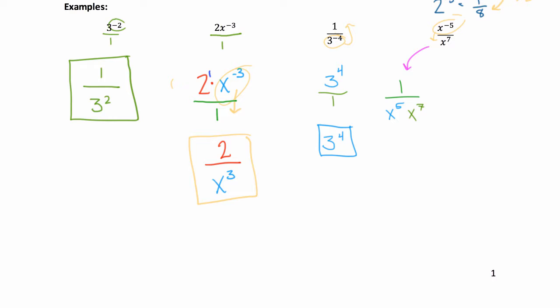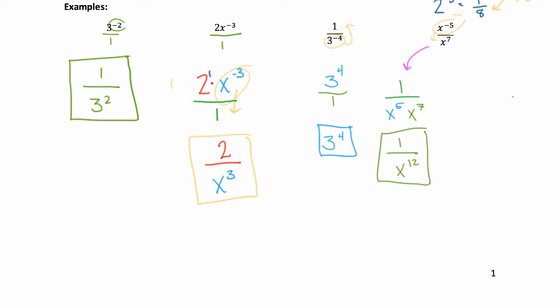And now my product rule for exponents says that x to the 5th times x to the 7th, what I'm doing is counting factors of x. I have 5 over here, I have 7 over here, so I end up with x to the 12th. That is one perfectly good full credit way to do that problem.